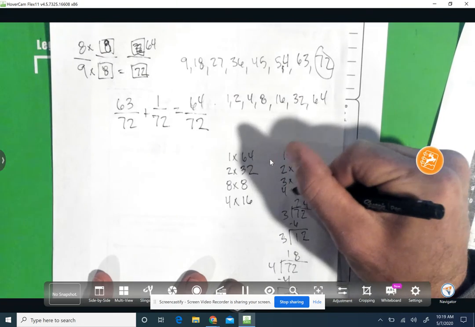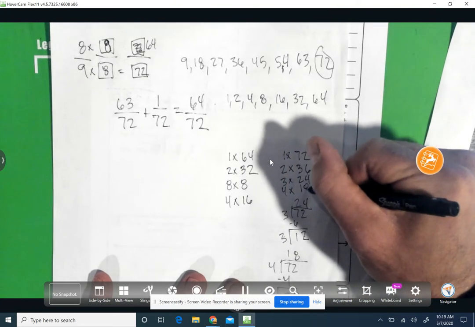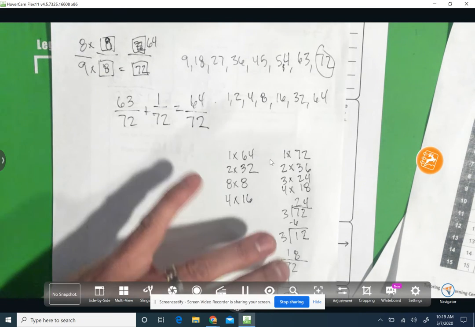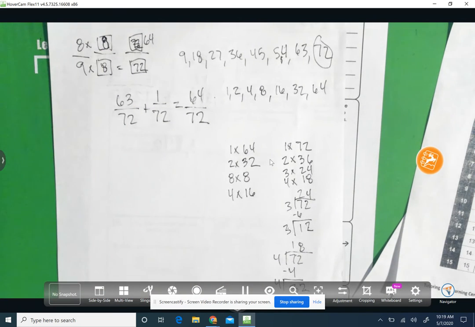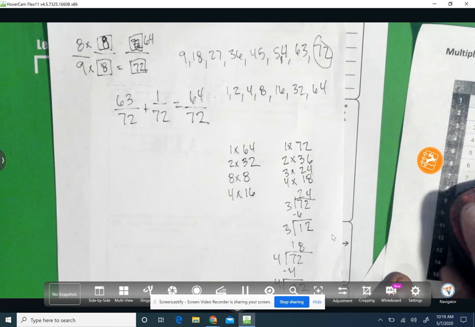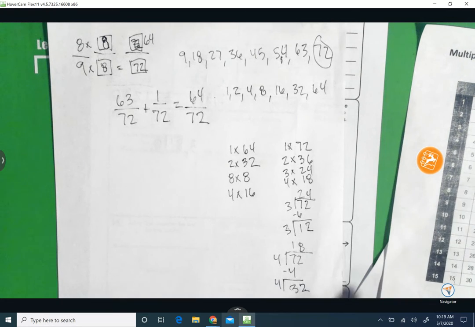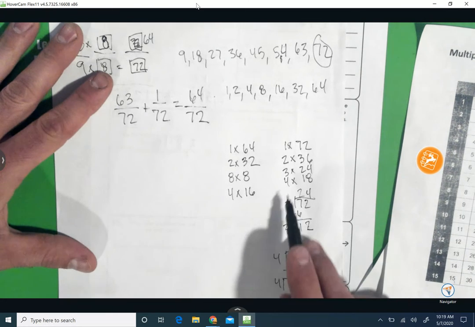Yes, 4 times 18 is a factor pair of 72. Using long division to find those sneaky factors is going to help tremendously, okay? And when we do that, we make sure that we're complete.